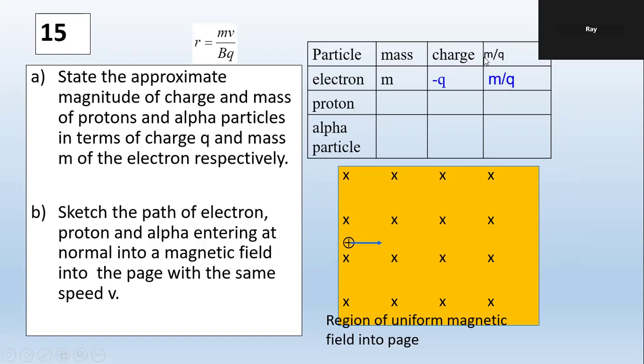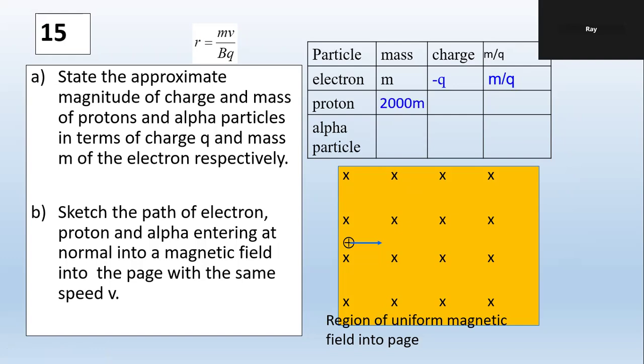So proton is what? Roughly, can you remember your AS work? The mass in terms of m is 2000 times.